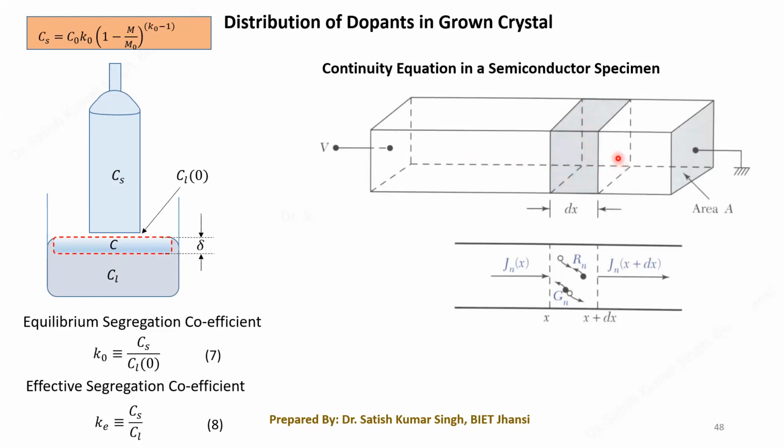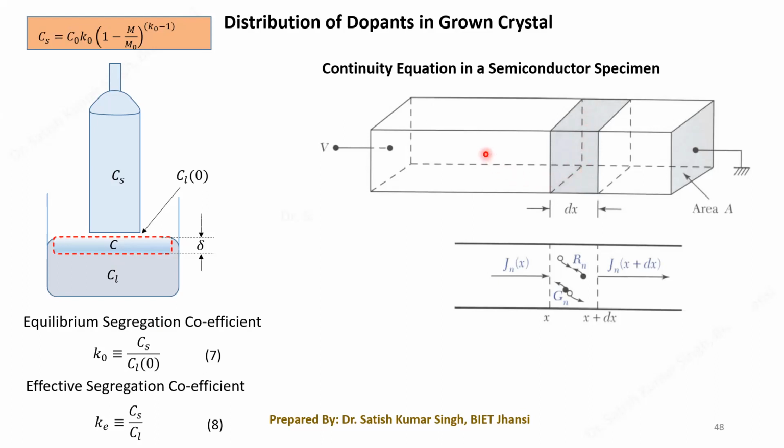Similarly, when there is a net outflow, there will be a decrease. When we have a net generation of electron hole pairs, it will increase the number, and if there is recombination, there will be a net decrease in the electron hole pairs.